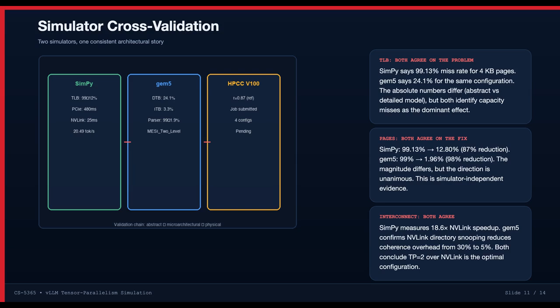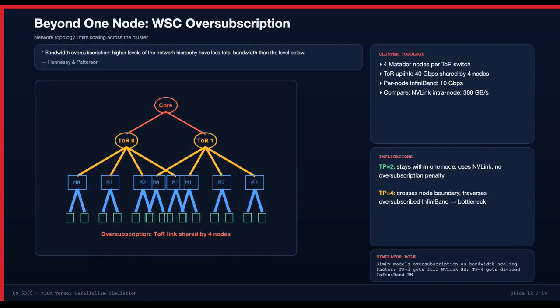So in about the next 24 hours, and I believe before the report is due, we will have the final results from the high performance computing center's V100 multiple GPU vLLM. Going beyond one node, we go into the realm of WSC oversubscription, which I don't intend to test on the high performance computing center.